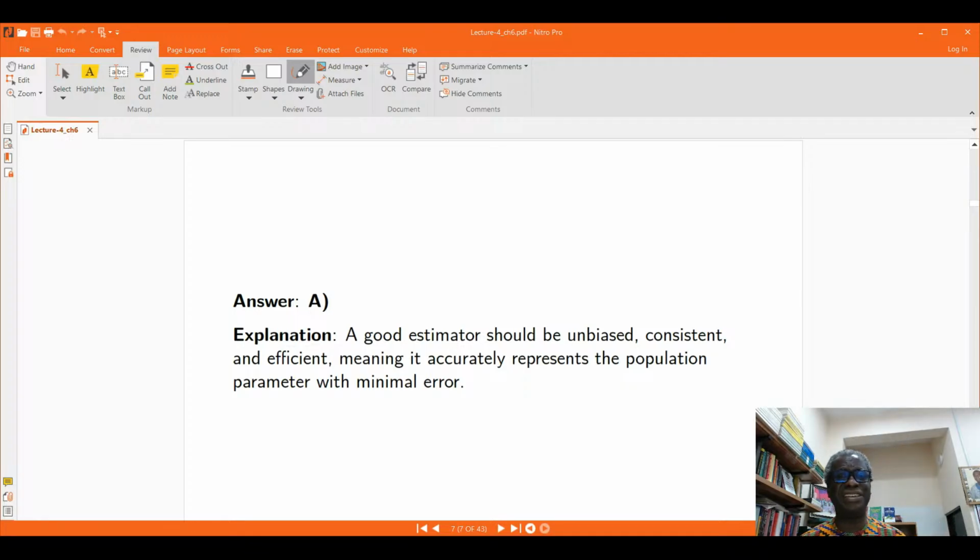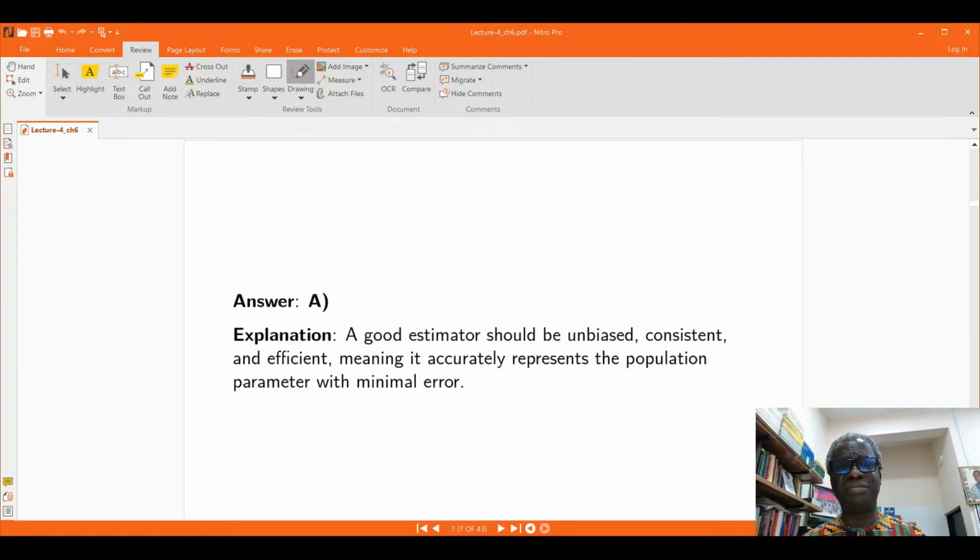That's interesting. So, yes, let's move to see the correct answer in this case. The correct answer is actually A. So a good estimator should be unbiased. We will explain what that means. It should be consistent, should be efficient. So when you have these three properties satisfied by an estimator, you say that estimator is a good estimator.